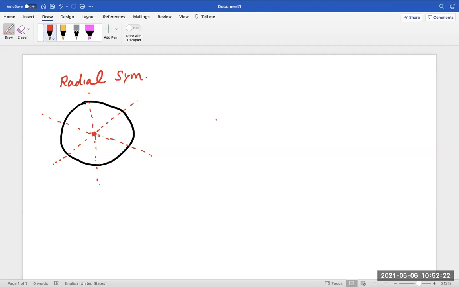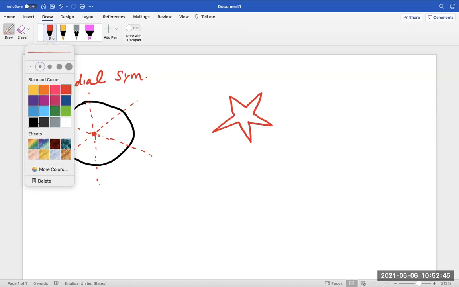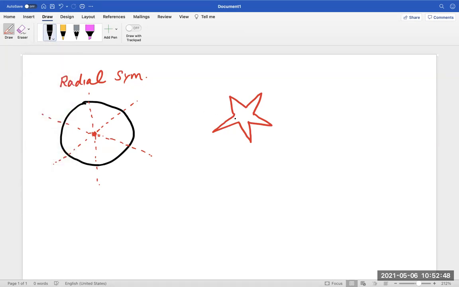Now, for the Echinodermata, we have sand dollars, we have sea stars. So I'm going to try to draw a sea star here. If I have a sea star, it's going to have 5 parts, and then it has a center.